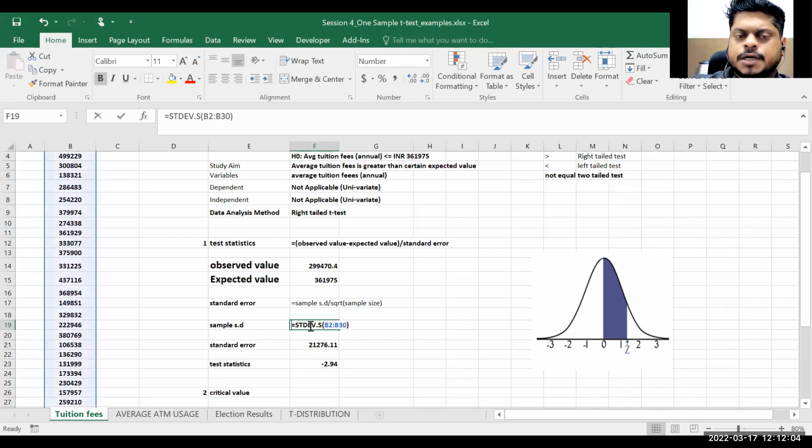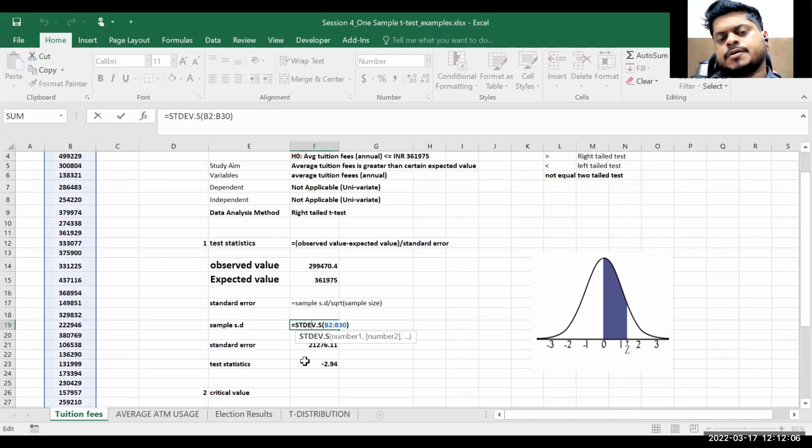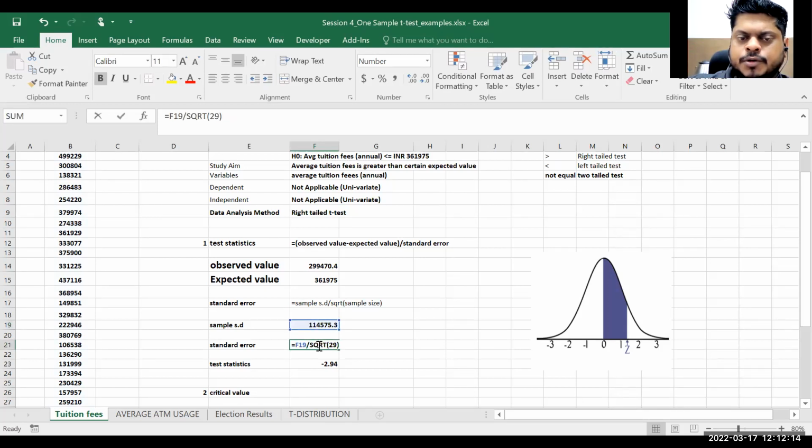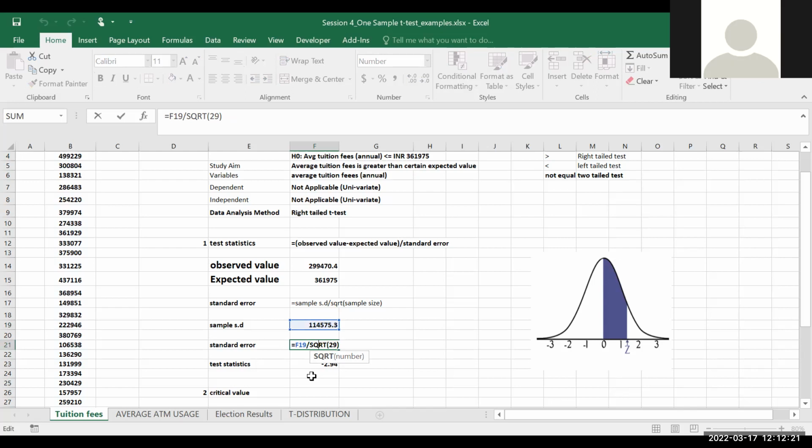What is your standard deviation coming? 114575.3439. Okay, so that is correct. So you have divided by square root of 29 or what? Yes, sir. Square root of 29. Sorry, I have made a mistake. Yes, sir, I got it.